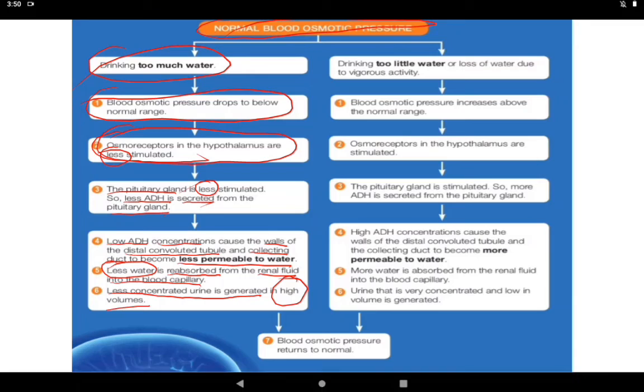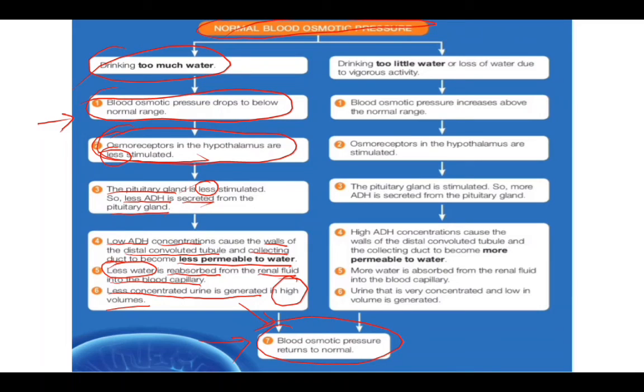Okay, di sini air kencing akan cair dan juga high volume. So, ini akan membawa kepada blood osmotic pressure yang normal. Ini adalah negative feedback. Okay, the blood osmotic pressure will return to normal.